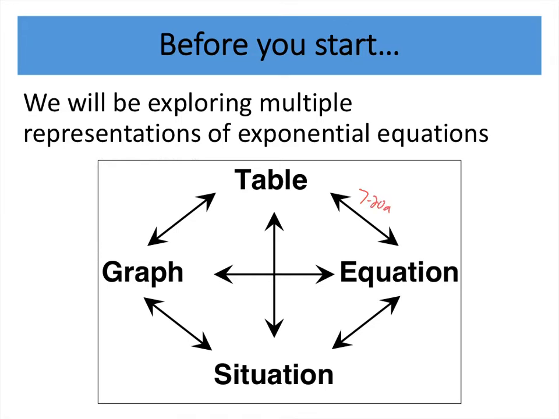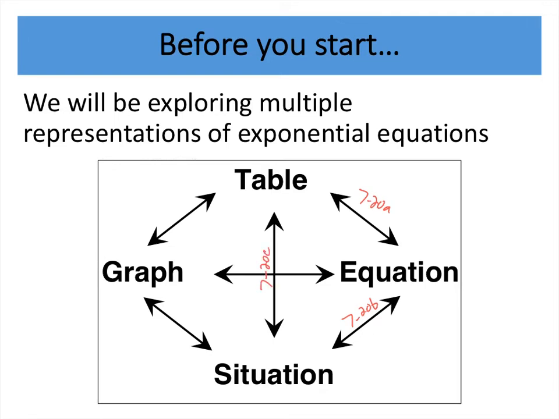So maybe you're going to start from a table and go to an equation. In 7-20B, you're going to go from an equation to a situation. So this is all the same problem. 7-20 is quite a big problem. In 7-20C, you're going to be going from a table to a situation.